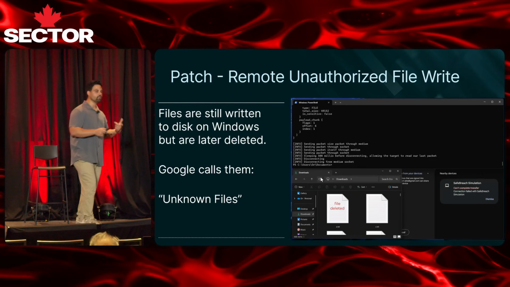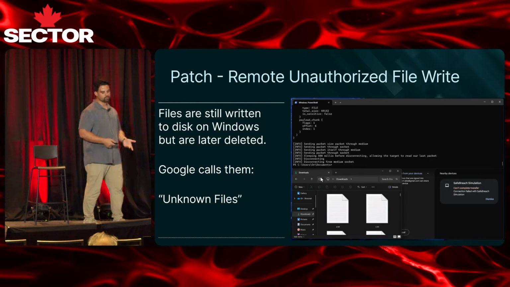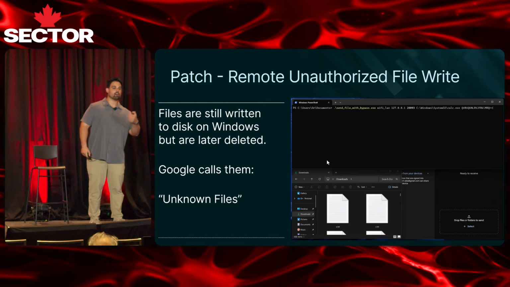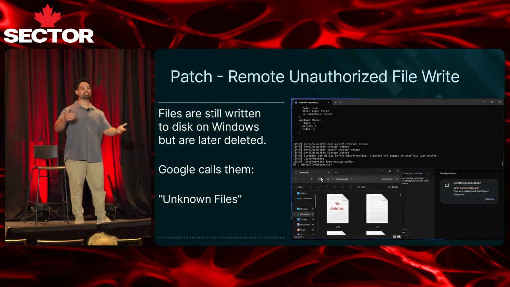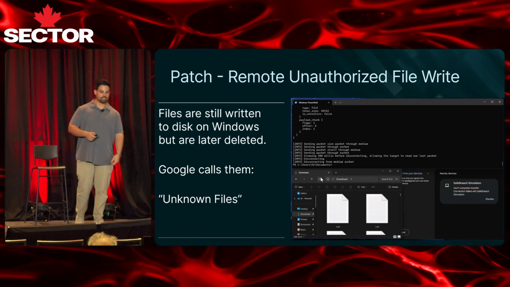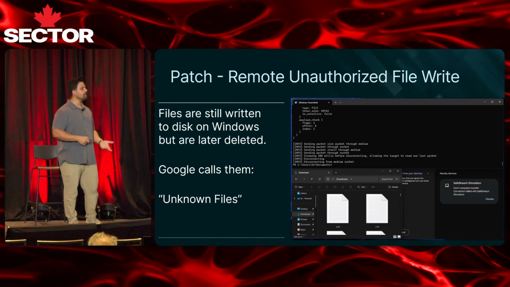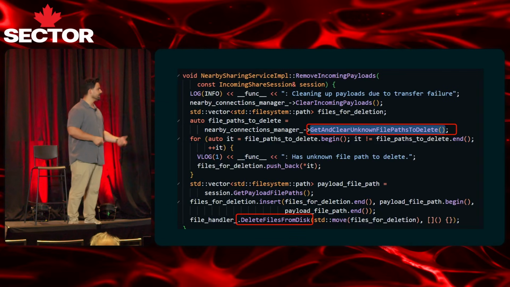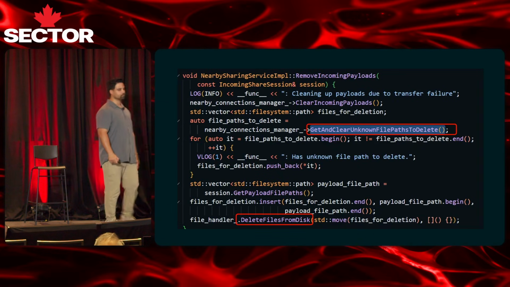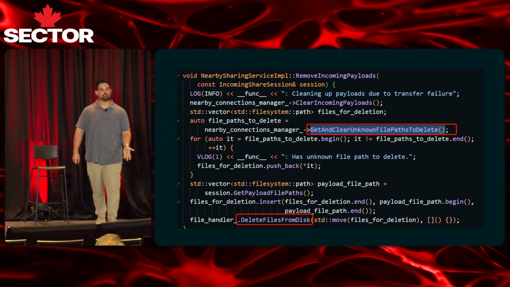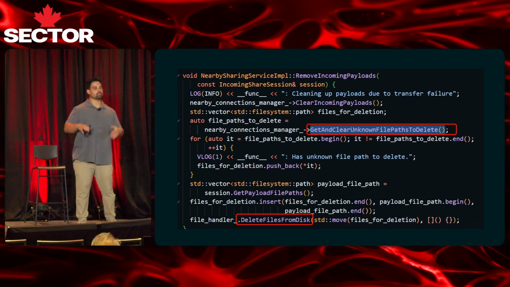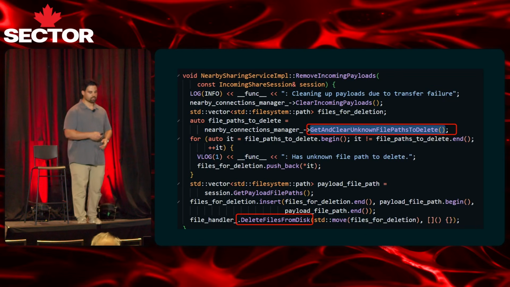So digging further into Quickshare's code, we saw that they are looking for unknown files, which are the malicious files that we send, and then in the end of each file transfer session, they just delete them. You can see that here in the code. So since they were still written to disk, we thought that there is room to bypass this logic.